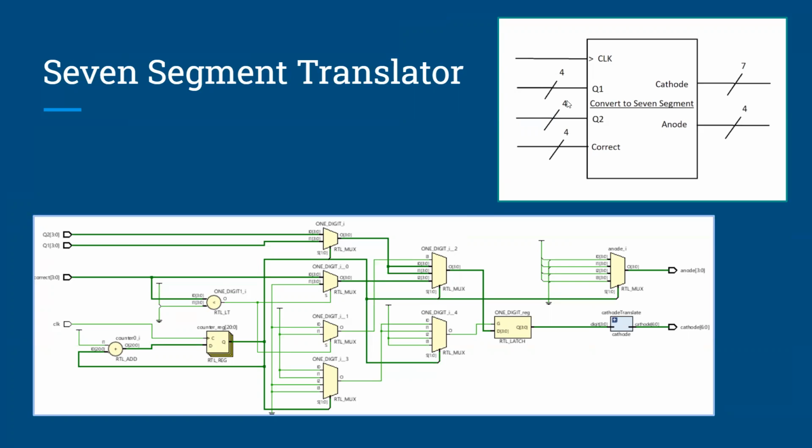So Q1 is the first digit, Q2 is the second digit. And then our last input is the correct value. Our outputs are the 7-bit cathode, which is all the segments on the 7-segment display, and the 4-bit anode, which is indicated below.